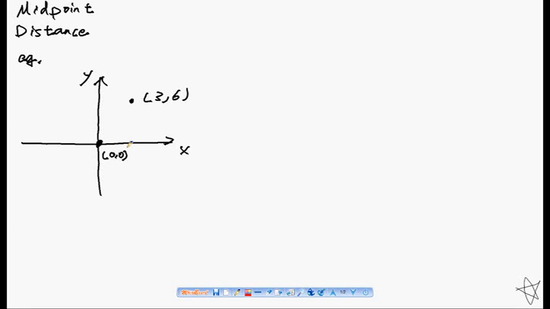So what's happening is you have to find this distance. Just draw a straight line and find the length of the red line. So how do we do that? Just look at this point. Here is 3, and here is 6.